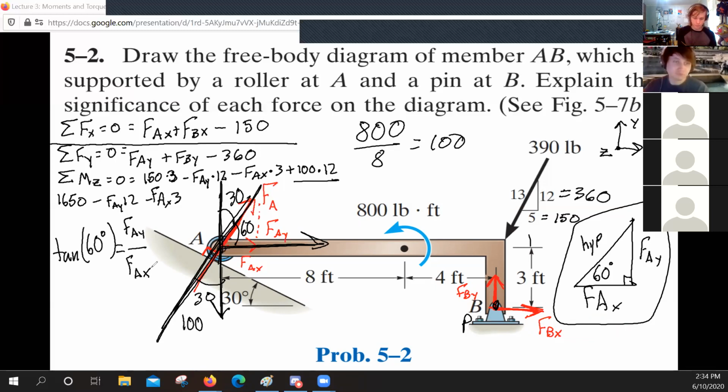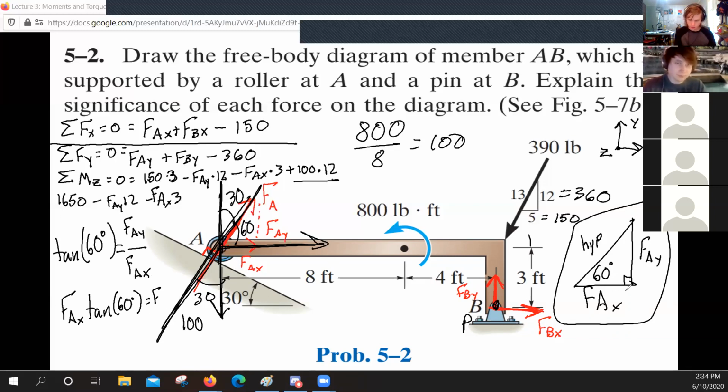Then we can just throw one on the other side. We're going to multiply them both by FAX. So we can say FAX tangent 60 degrees equals FAY. This is the important equation that we are going to need to finish the stuff up here.